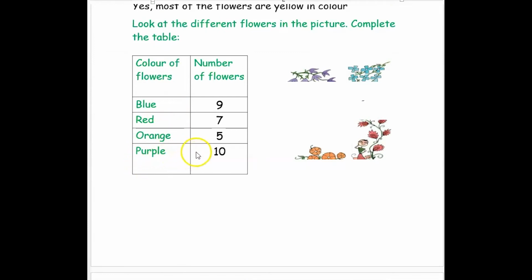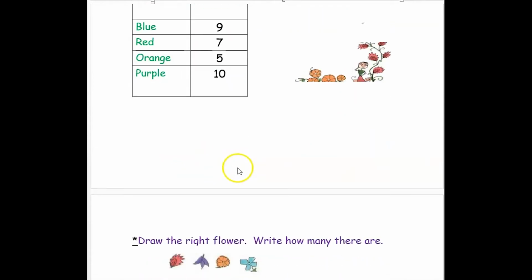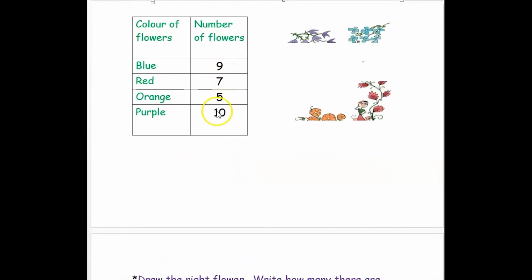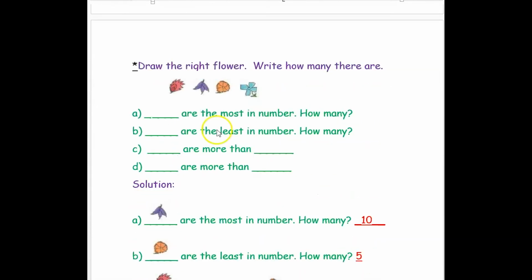The highest is purple flowers, and how many flowers? 10 flowers, right? If you see the table, the largest number is 10. So the most number of flowers is purple in color and the number is 10. So we are writing purple flower here. They are most in number and how many? 10 purple flowers.